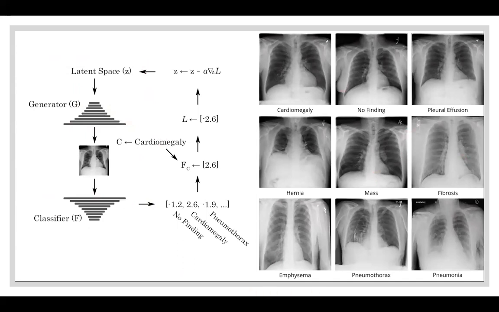So you can take a generator that has no specific way of controlling the kind of disease that it produces, make it produce a random chest X-ray, and then force it to maximize a specific class in your classifier. And it will search for a specific image that meets that criteria.